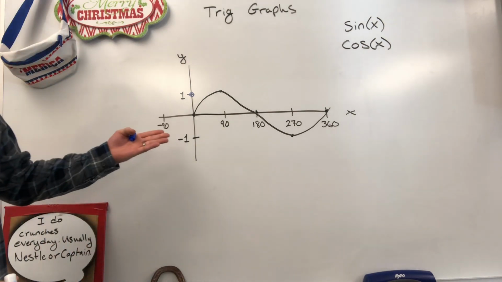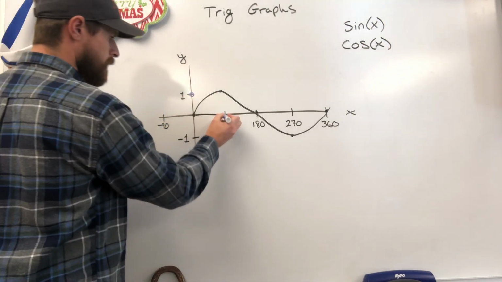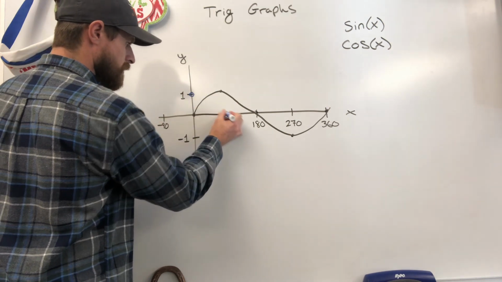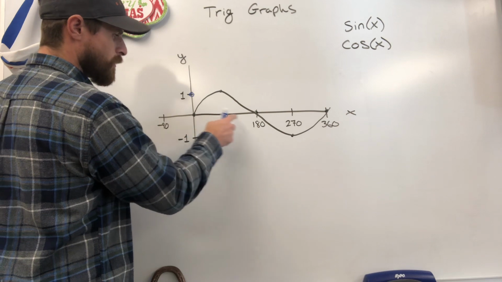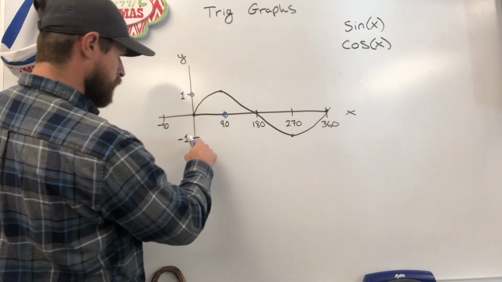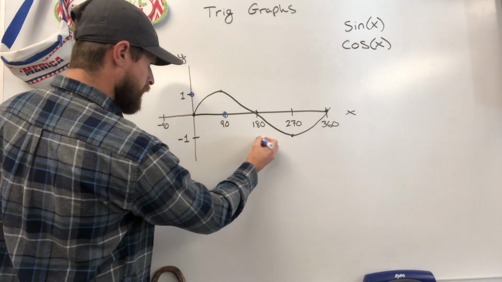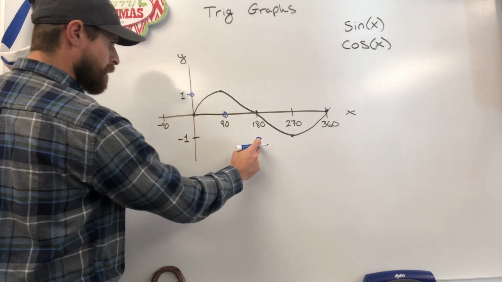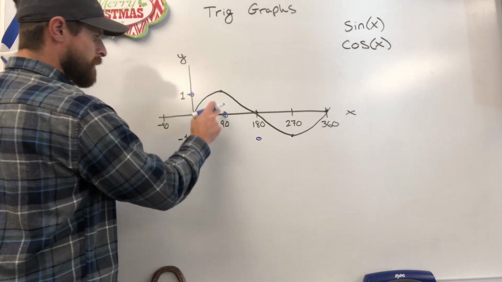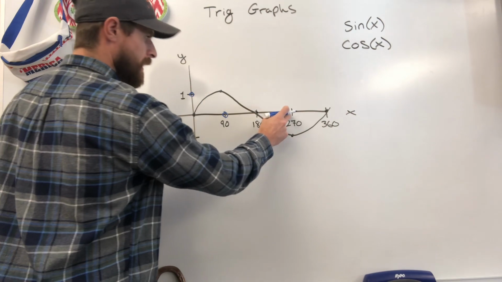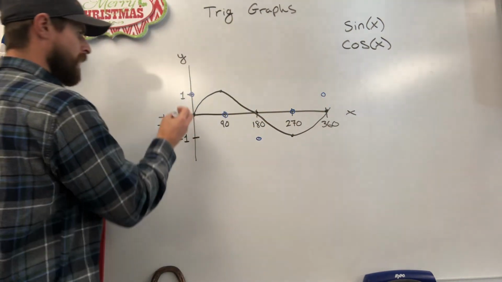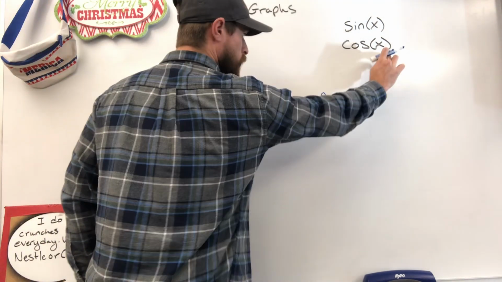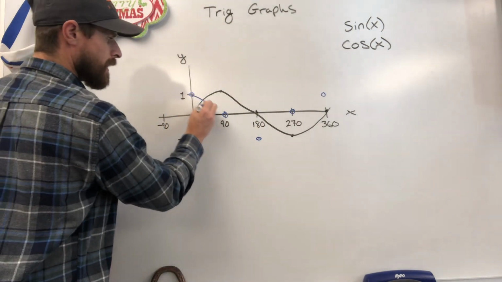So we start at 0, 1, and you're going to go 90 over, and that would be hitting your x-intercept. And if we started with a maximum, x-intercept, our next one's going to be a minimum. So at this spot right here of 180, -1. So maximum, x-intercept, minimum, x-intercept, maximum. And the wavelength that you get when you go to graph cosine, it's going to end up looking like this.